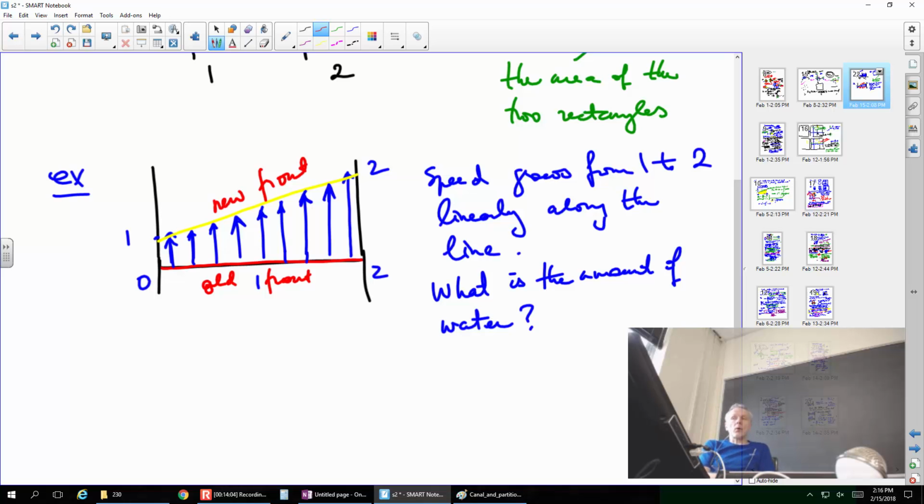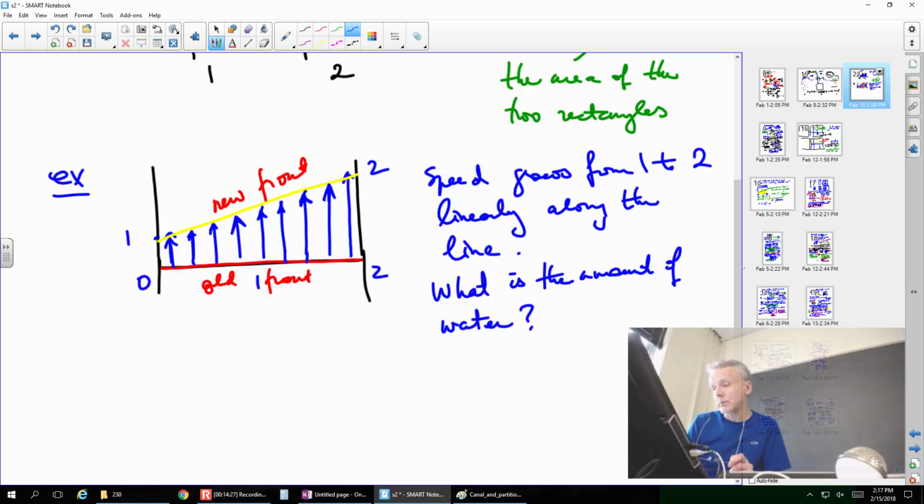So the way to measure then the amount of water is what? Pretty much the only way to do it. Well, you can look at it. Let me try to look at it this way.